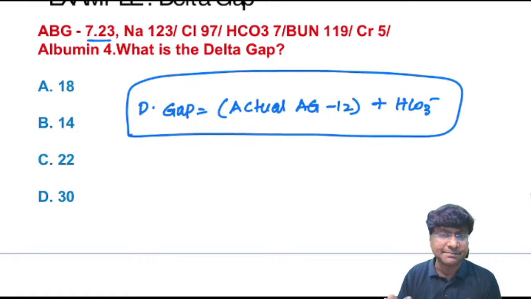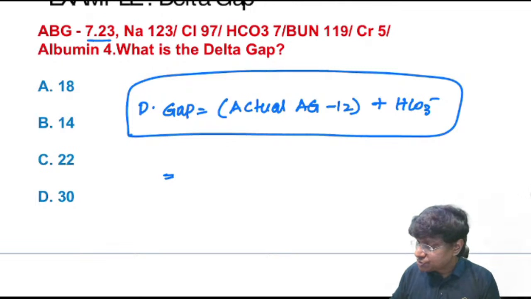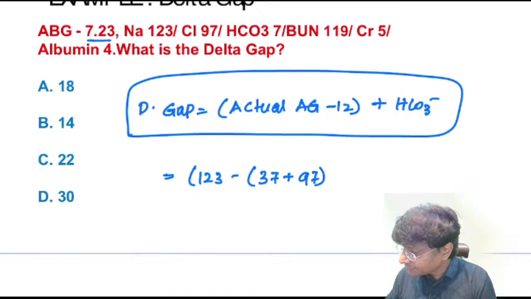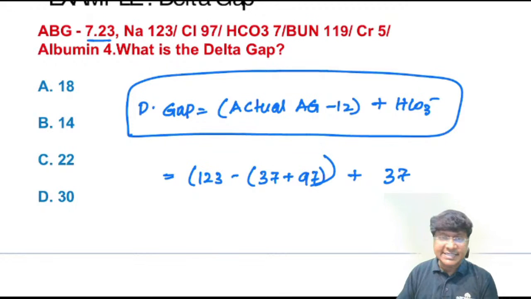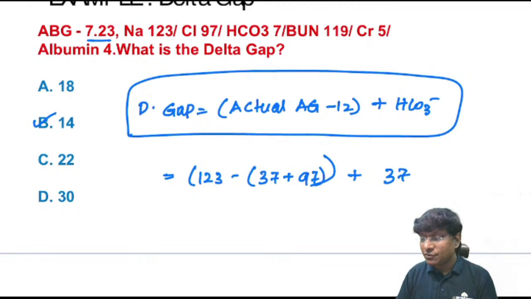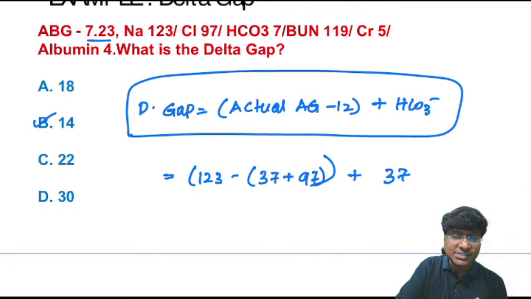So actual anion gap minus 12 plus bicarbonate. And how much is the actual anion gap? For that you need 123 minus chloride 97 minus bicarbonate 7. That is the actual anion gap, and the delta gap value that you get is 14.